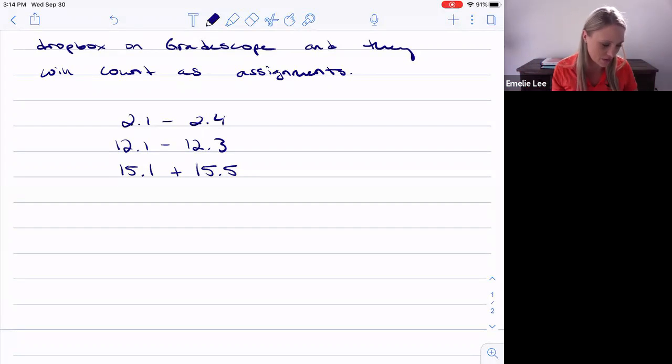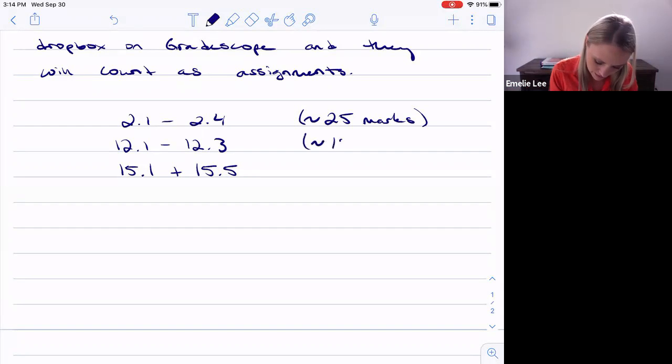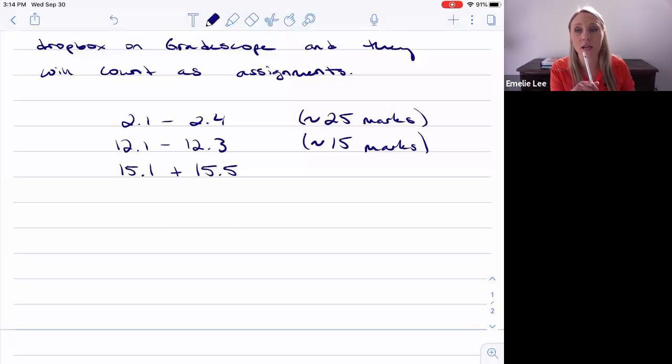Maybe you guys won't like this grade distribution. I was going to do roughly 25 marks for chapter 2, bring it down to 15 marks for chapter 12, remembering that some of those assignment questions are really difficult.